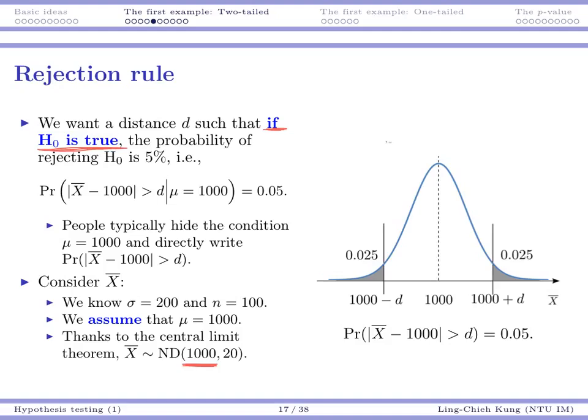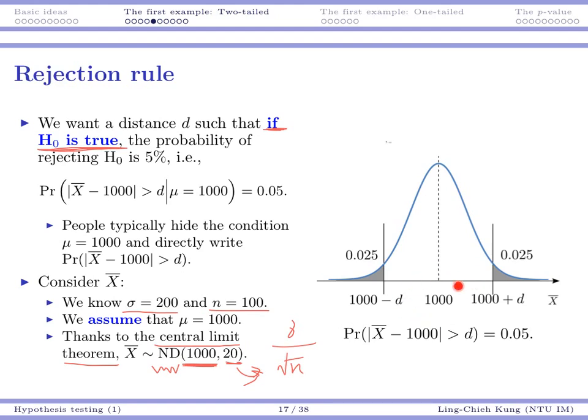And because sigma is 200, n is 100, the standard deviation comes from sigma over square root of n. Finally, because we have the central limit theorem, and n is greater than 30, we know x bar is normally distributed. So this is a curve that draws x bar.